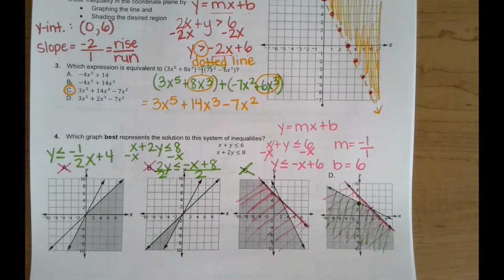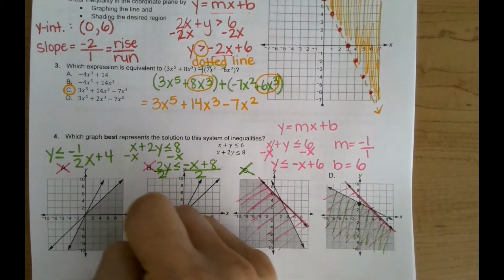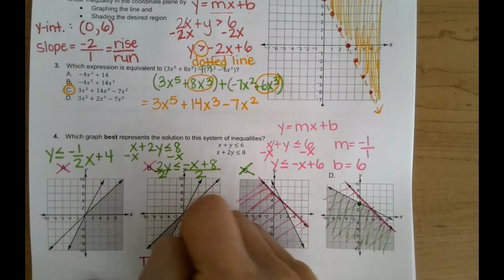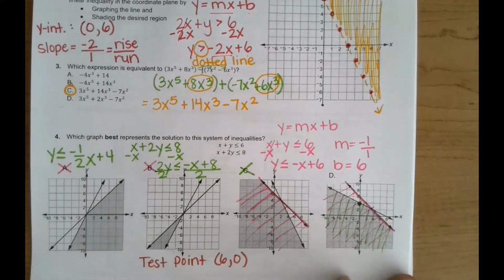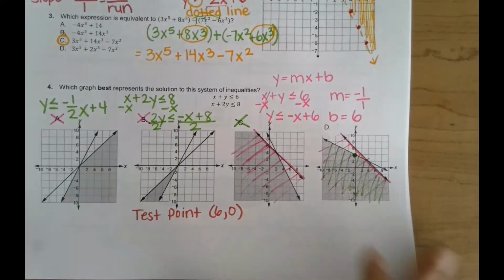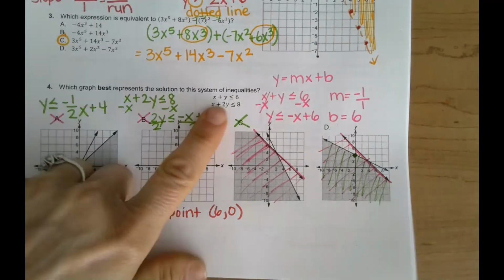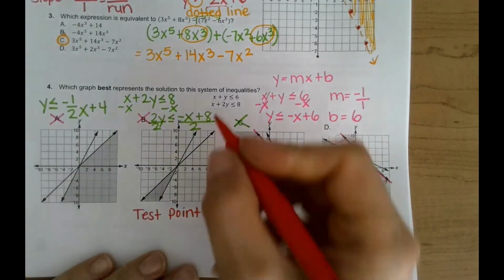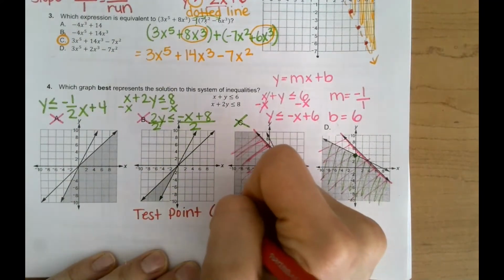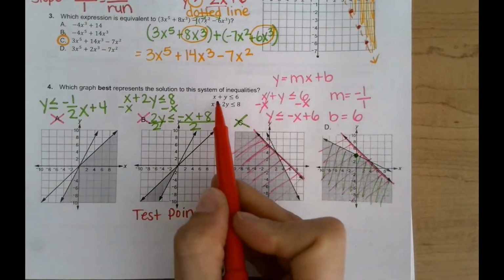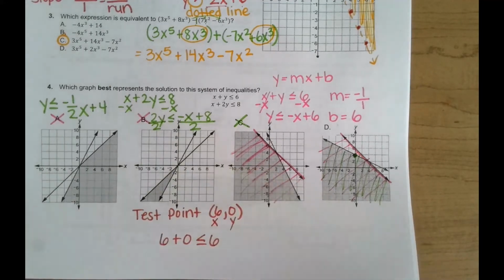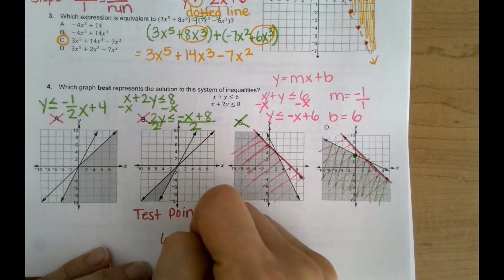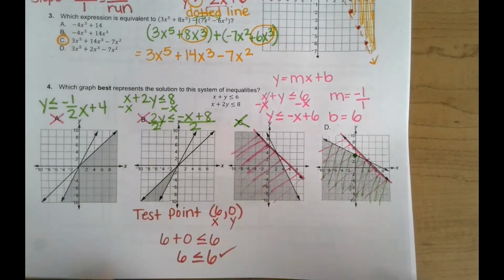So if we take 6, 0, we're going to test point 6, 0. I'm going to plug it into my original equations. 6 is my x, 0 is my y. So up here I'm going to do 6 plus 0 is less than or equal to 6. 6 plus 0 is 6, which is less than or equal to 6.